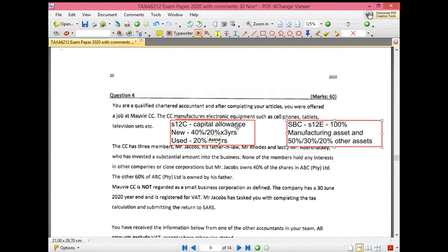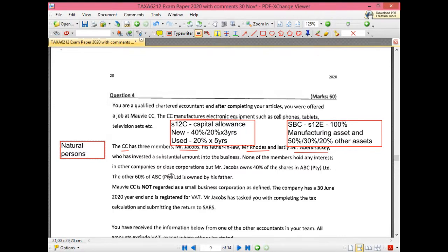Next information they tell you: the CC has 3 members. So we've got a CC with 3 members: Mr. Jacobs, Mr. Rhodes, and Mr. Abenaki. We know that the members are all natural persons, which is a requirement for an SBC, who have invested a substantial amount into the business.